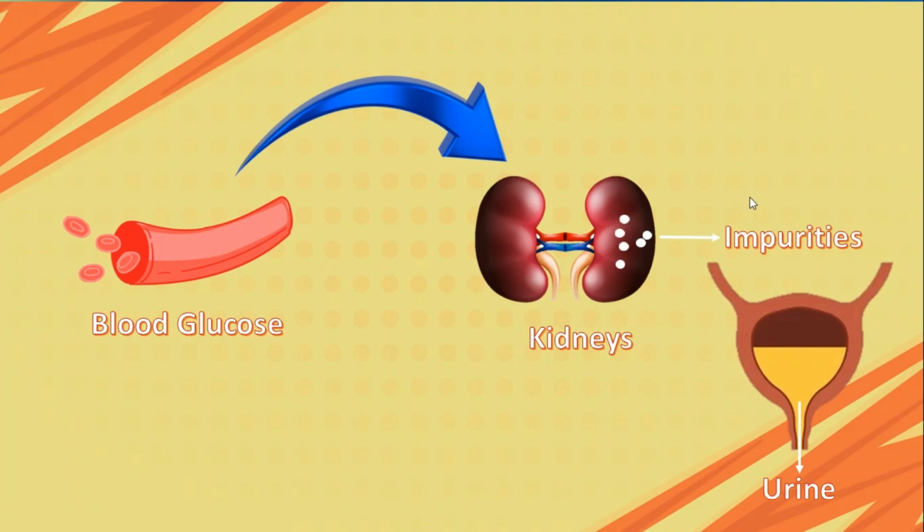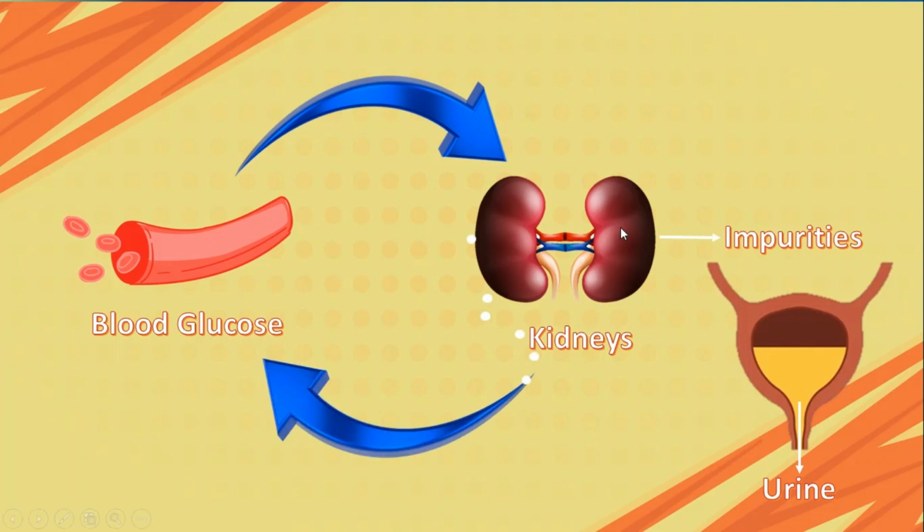But since glucose is an important source of energy for the body, glucose is not removed as such in the urine. This glucose goes back into the blood vessels. This going back of glucose from the kidney to the blood vessel is named glucose reabsorption. So glucose reabsorption is glucose going back from the kidney to the blood vessels.